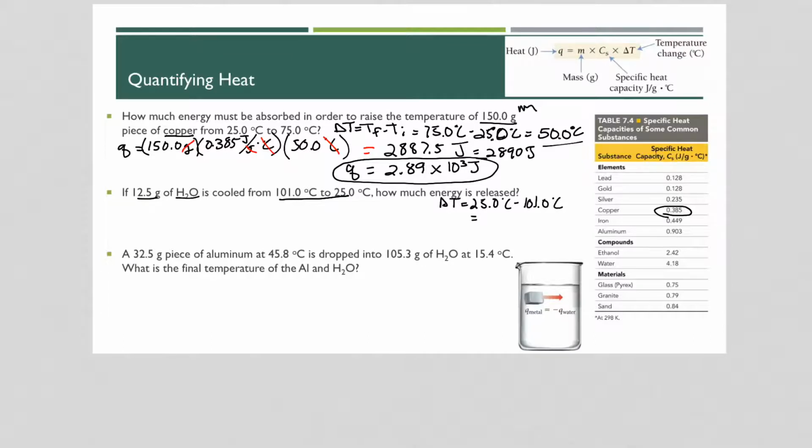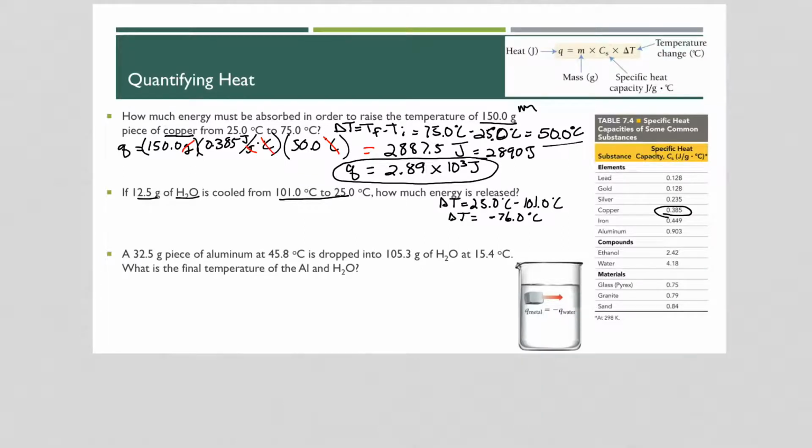So if I do 25.0 minus 101, I get a minus 76.0 degrees Celsius as my delta T. Okay, so it's okay to have a negative change. That just tells me the temperature is dropping.